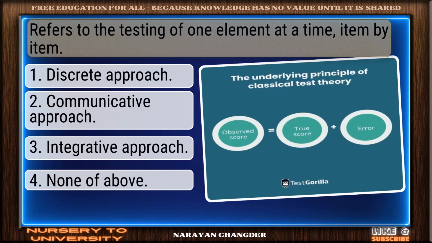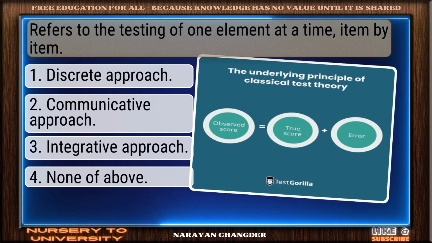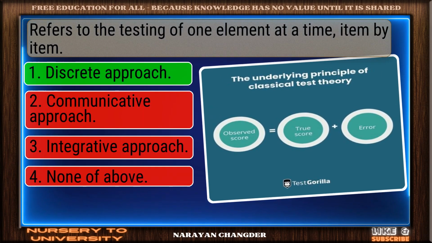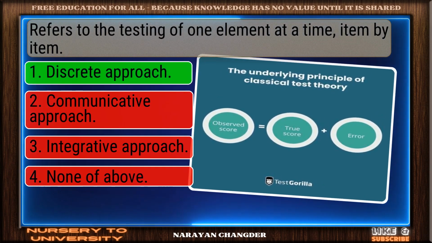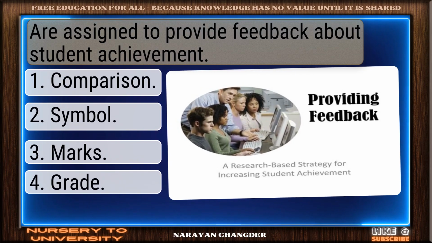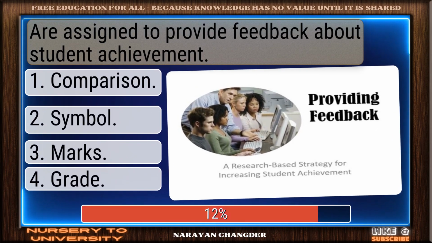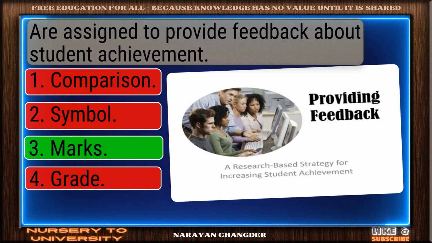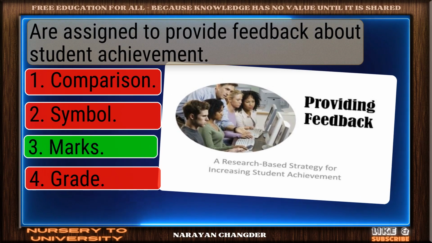Refers to the testing of one element at a time, item by item. On track. Discrete approach is the correct answer. Are assigned to provide feedback about student achievement. Solid response. Marks is a valid choice.